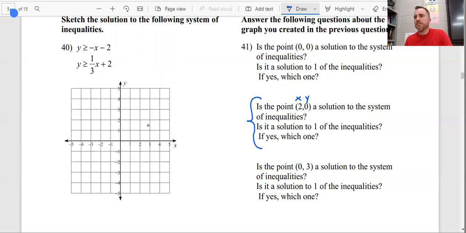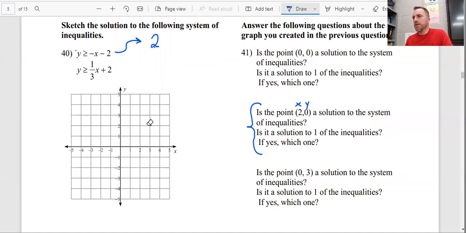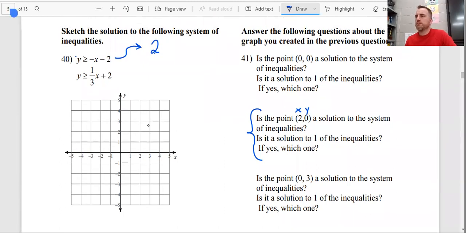So for example, using this inequality, I could plug in a 0 for the Y. 0 is greater than or equal to negative, the X value is 2, minus 2.